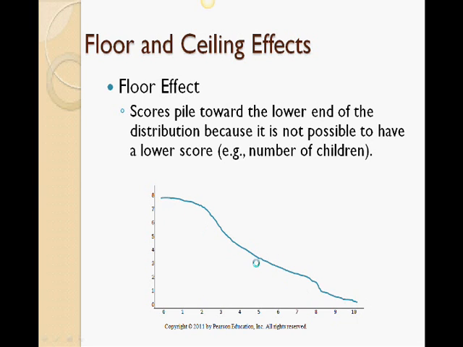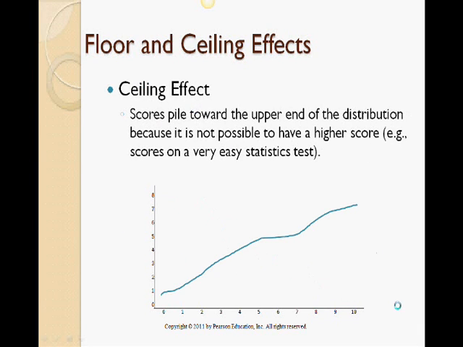Here is an example of a ceiling effect. It's where scores pile towards the upper end, and you've gone to your limit and you can't go higher. An example would be a very easy statistics test, where most people are scoring at the very top and you don't have a lot who are scoring poorly on the exam.